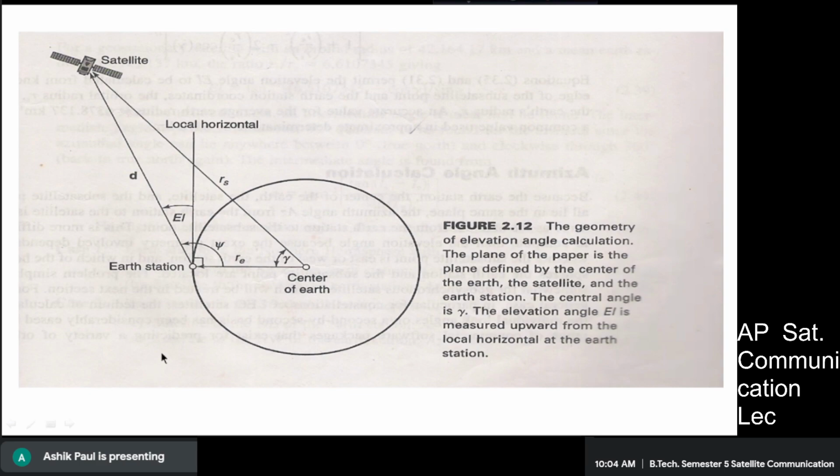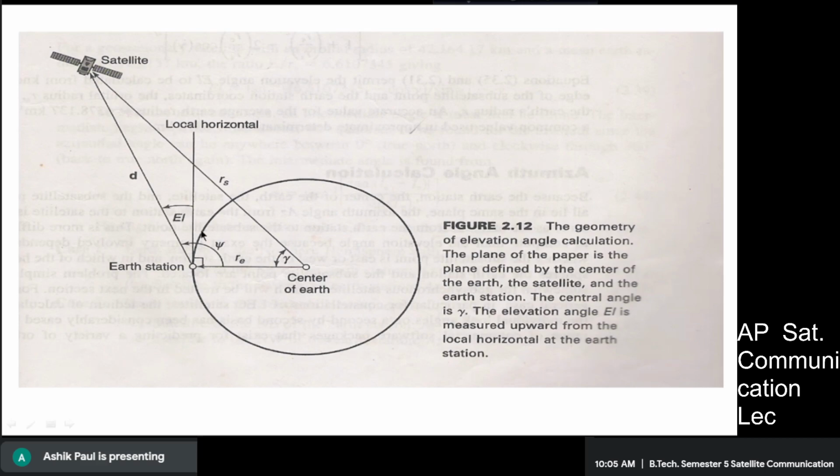So, keeping that in mind, if we join the center of the Earth with the Earth station and also the center of the Earth with the satellite, the angle in between, let us define that as gamma. Then RE is the radius of the Earth, and D is the distance from the Earth station to the satellite. And with reference to the local horizontal at the Earth station, this is your elevation angle.